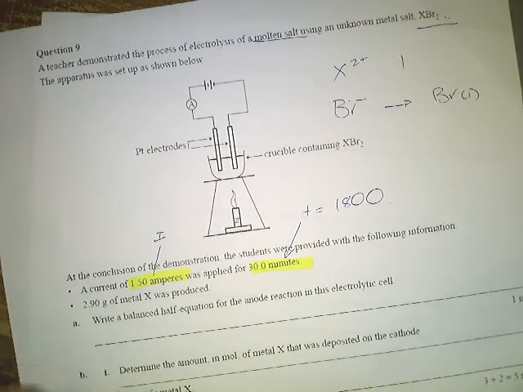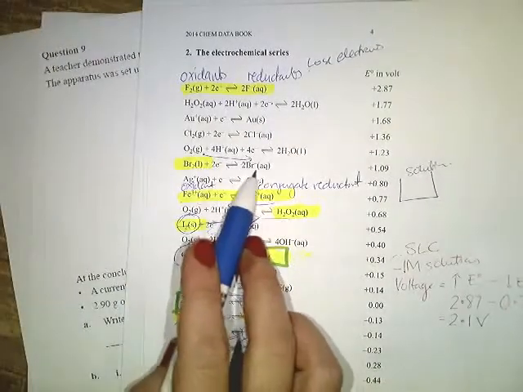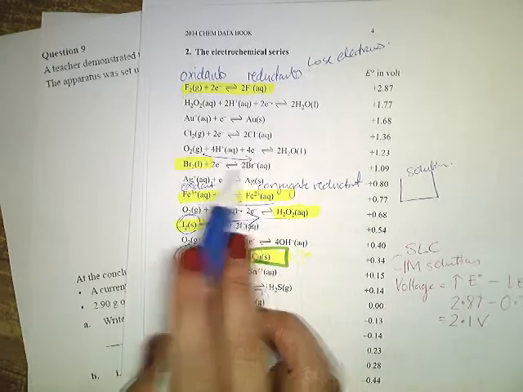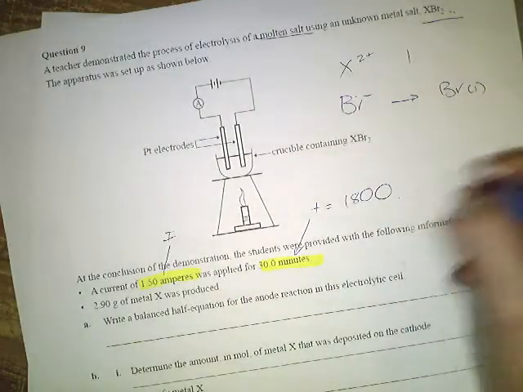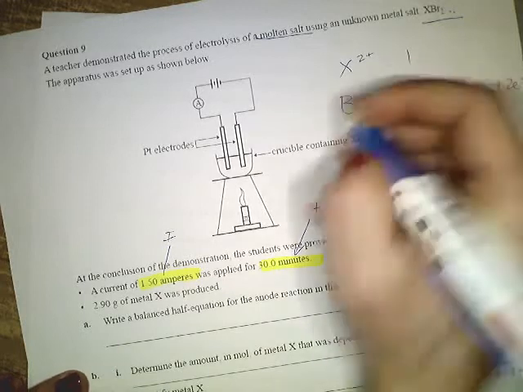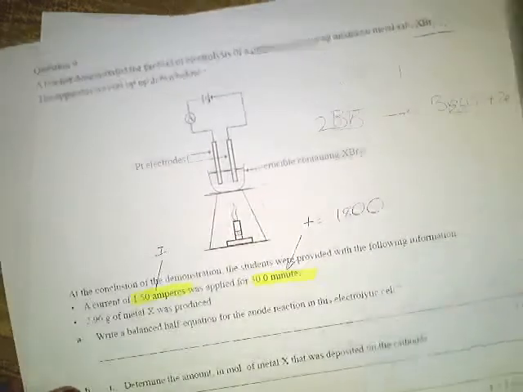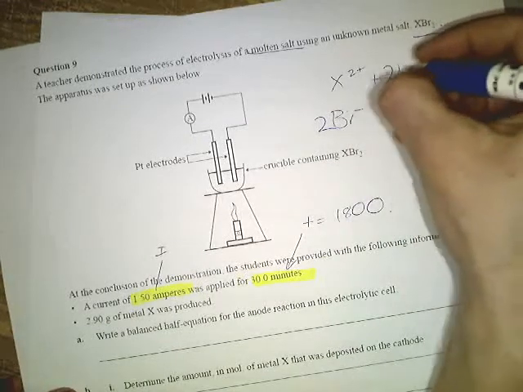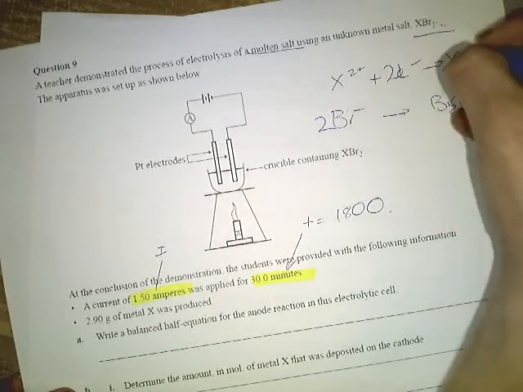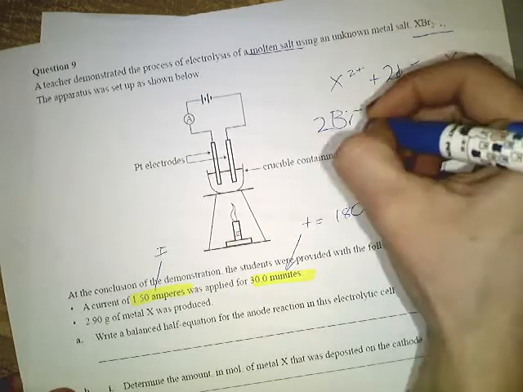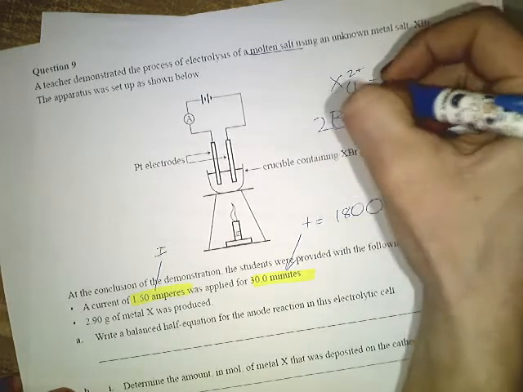Just make sure that you copy it straight out of your data book so you don't make any mistakes. So Br2 liquid plus 2 electrons produces Br minus, and we've got 2 there. Then we have X2+ plus 2 electrons produces X solid, or actually liquid because it is molten.